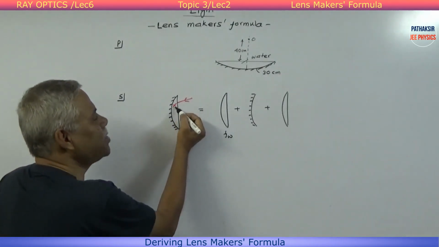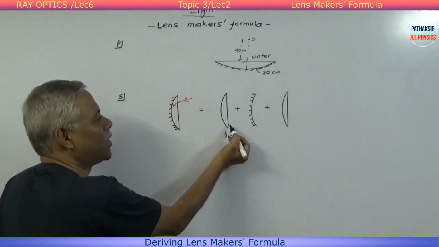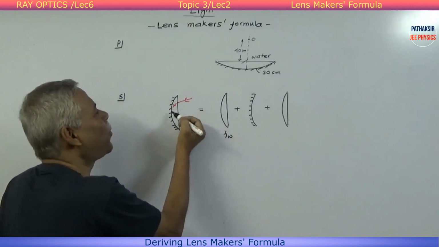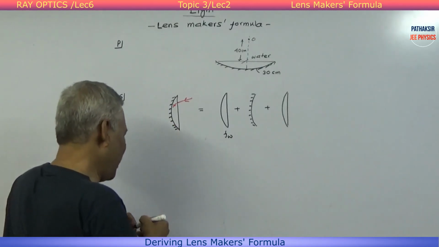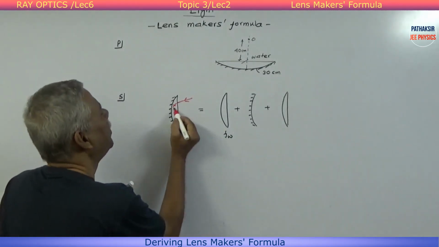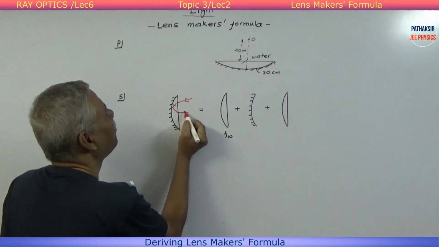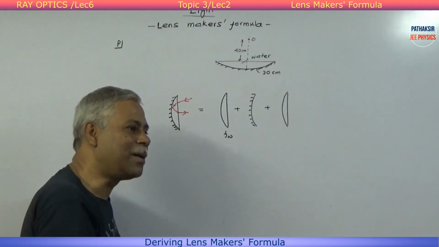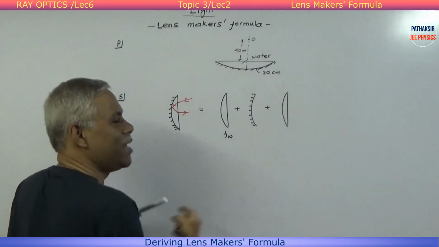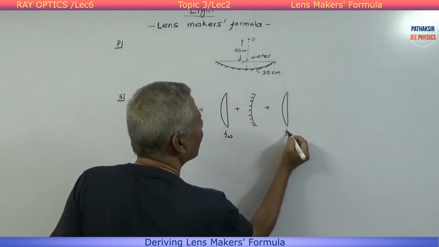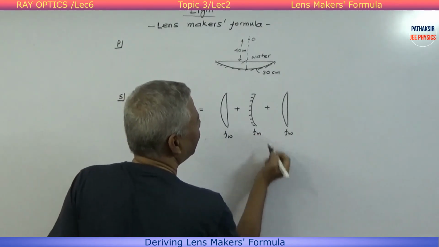First the ray passes through the water lens, used once. Then it falls on the mirror, used once. Then this ray will come out. It will not stick inside. It will come out. So that means this lens is being used for the second time. So again fW and fM.